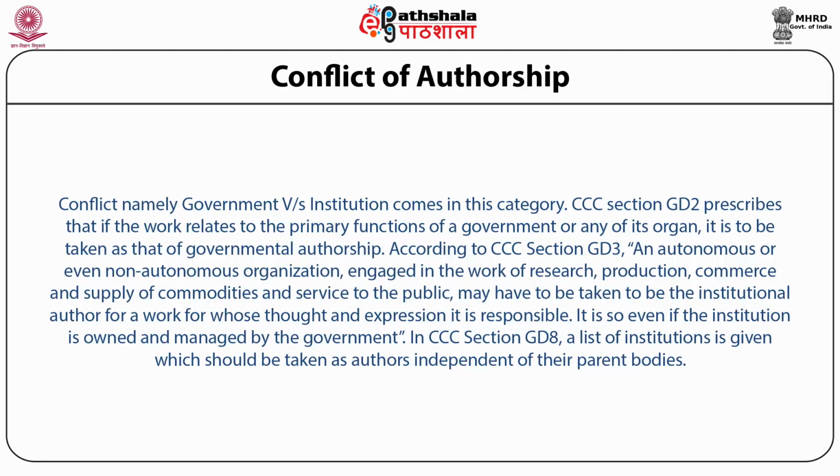It is so even if the institution is owned and managed by the government. In CCC section GD8, a list of institutions is given which should be taken as authors independent of their parent bodies.